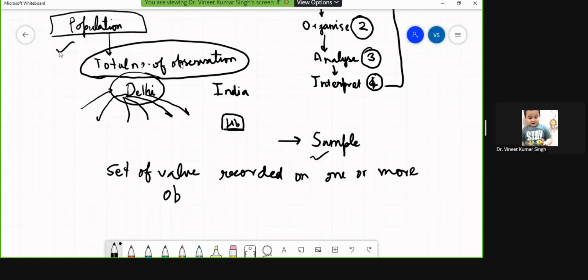Where the original research is done by some other person, and you take data and make some inferences by using other data. So this is known as secondary data.